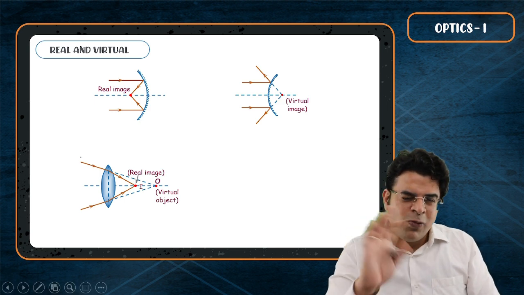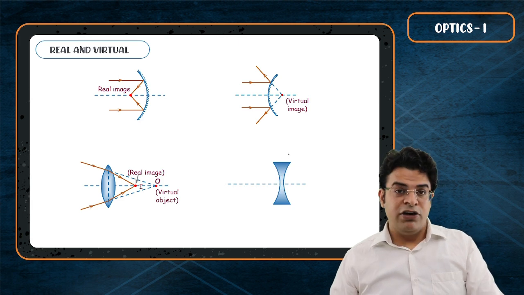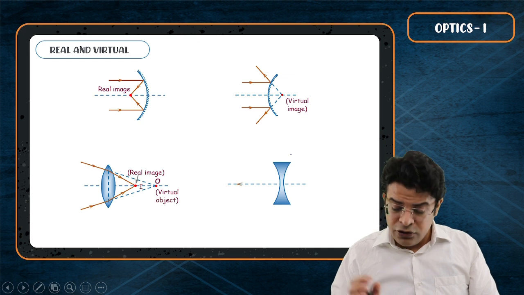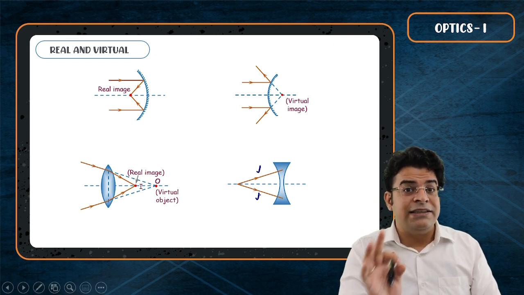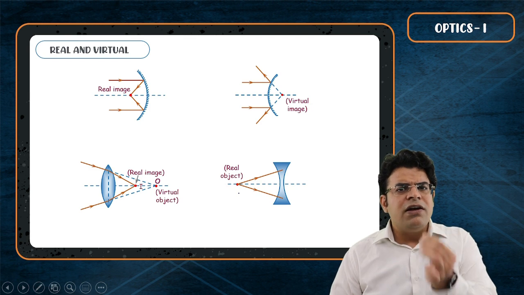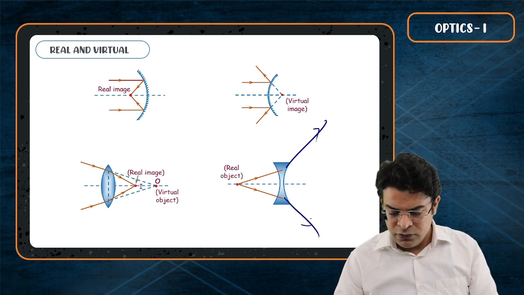Let's take one more example for the case of diverging lens. If you have a diverging lens and you have placed an object in front of it. Since the incident rays are actually intersecting at a point, you will say that we have got a real object. What will the diverging lens do? Sir, the diverging lens will diverge the rays, right?